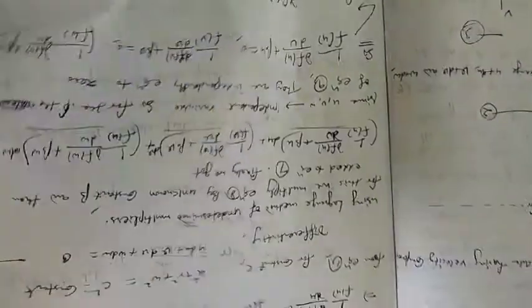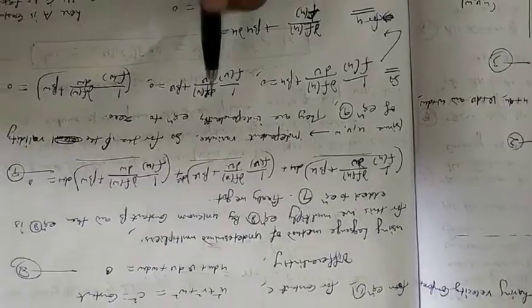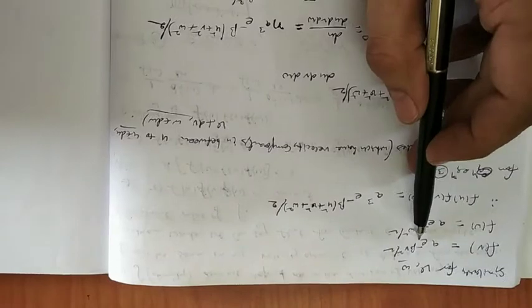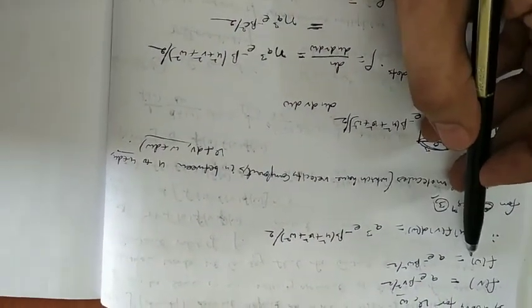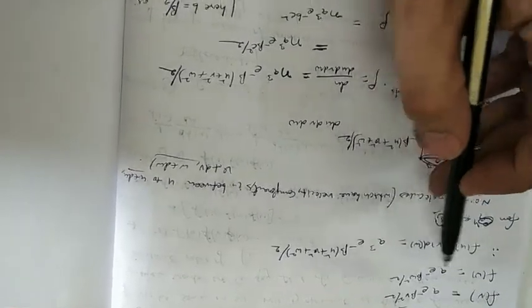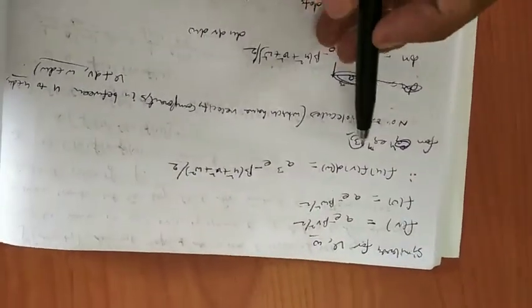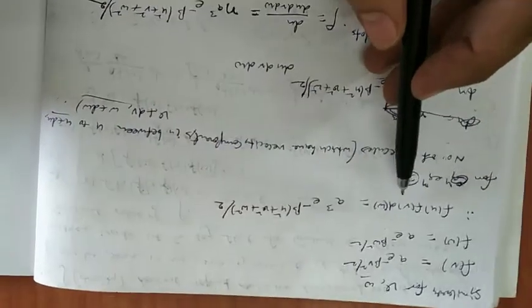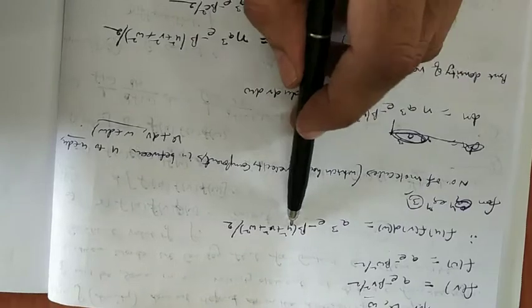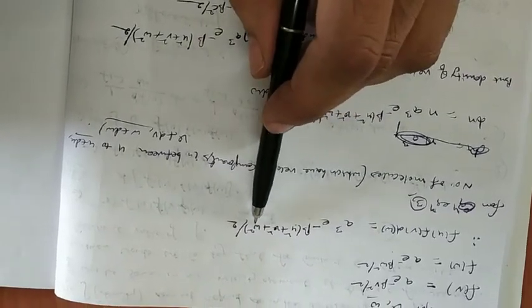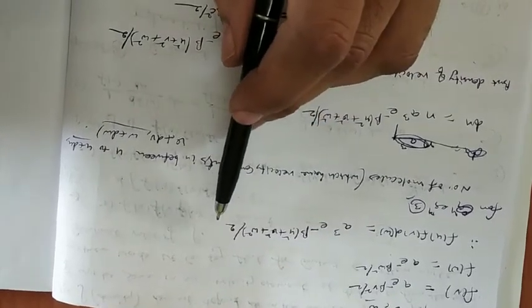Similarly, if we solve the equation for v, we find f(v) equals a exponential minus beta v squared upon 2, and similarly for w. Now if we multiply f(u), f(v) and f(w), we can combinedly write it as a cubed exponential minus beta times u squared plus v squared plus w squared upon 2.